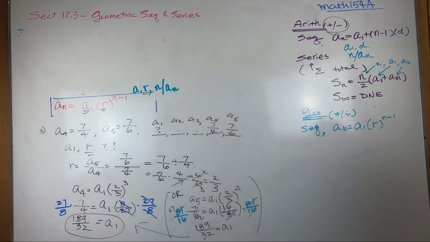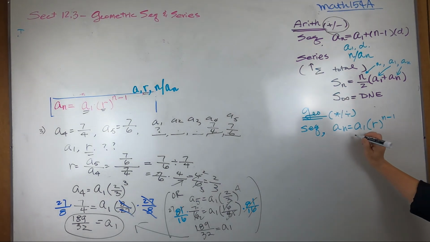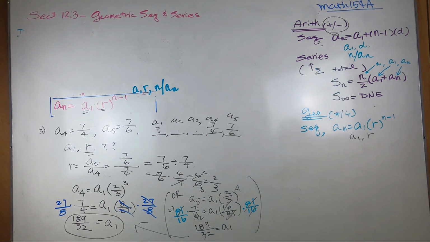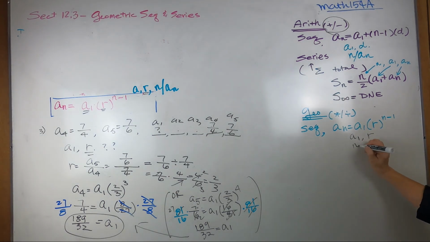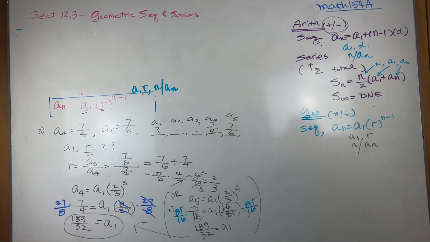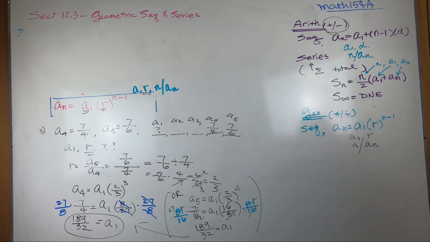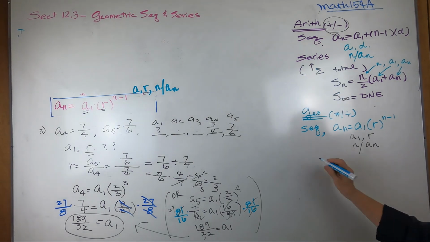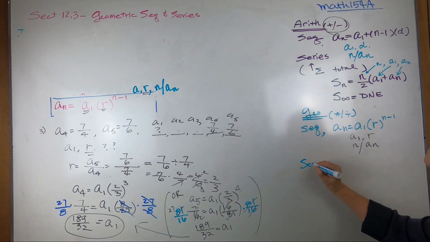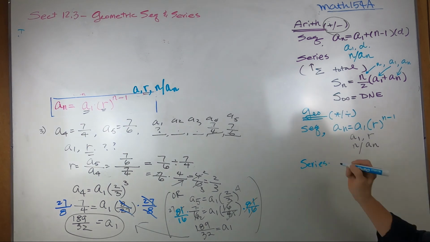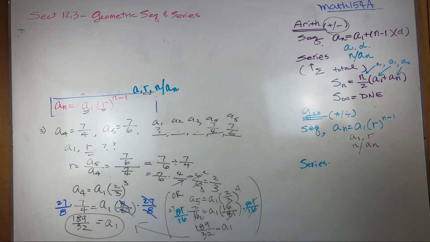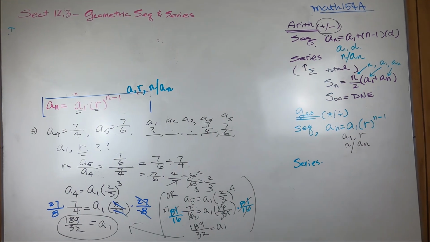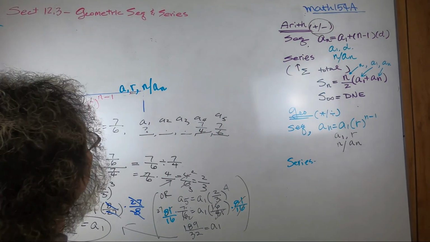And same thing, we need A1, then we need a common ratio and the n to find the AN, right? Then we will do the series after, okay? Let's see some more examples for the sequences first.